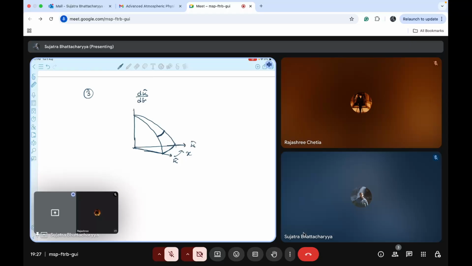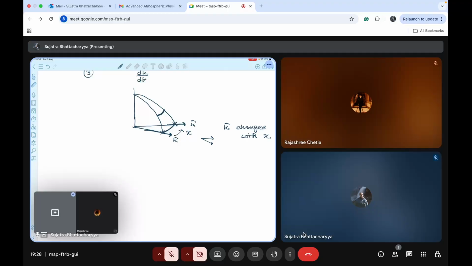So you can clearly see that k hat is changing its direction with x. At one place k hat is in this direction, at another place it is in this direction. So there is a clear change in direction, so k hat changes with x. Or over here, this is the direction, so k hat is changing for sure with x.